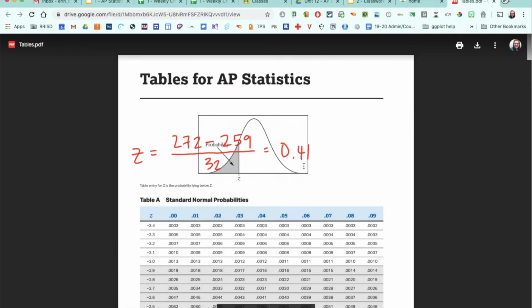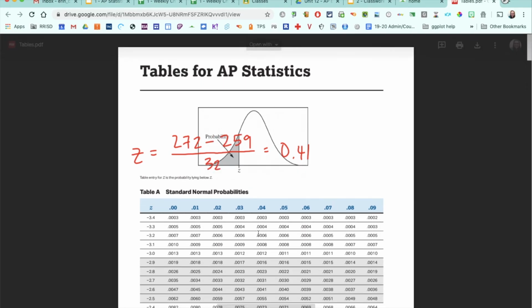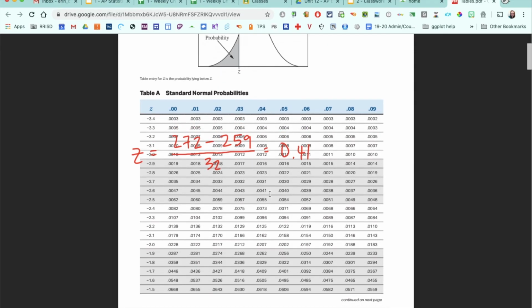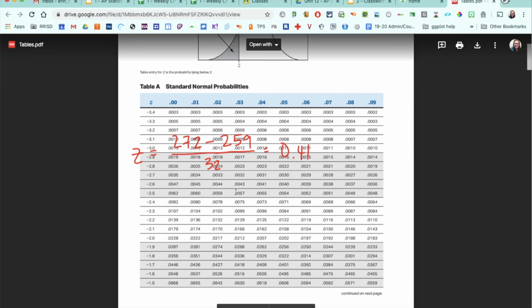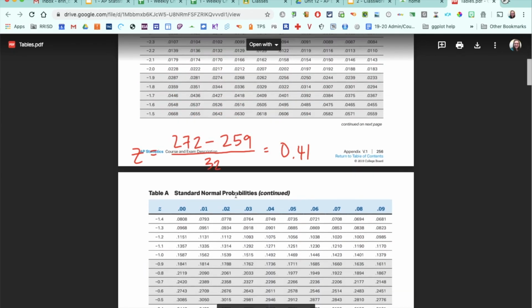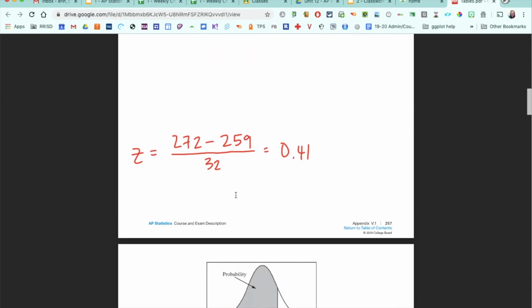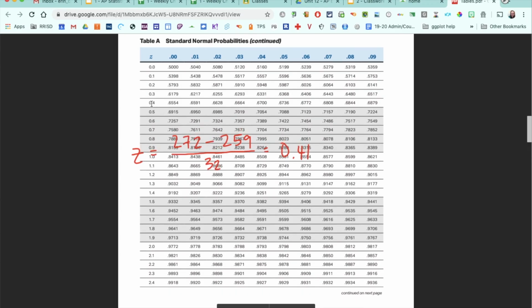My z-score was 0.41. Remember that my z-table automatically is going to give me the proportion that is less than a particular z-score, which in this case is what we want. We want what proportion of women had a finishing time less than her. So I'm using what we have on the z-table. If it were asking for greater, I would do 1 minus. But we want less. I'm looking for 0.41.